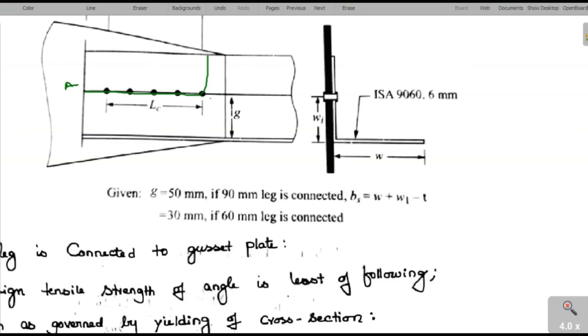This is A, this is B, and this is C. As given in this question, this is 30 and this is 50, 50, 50, and 50.